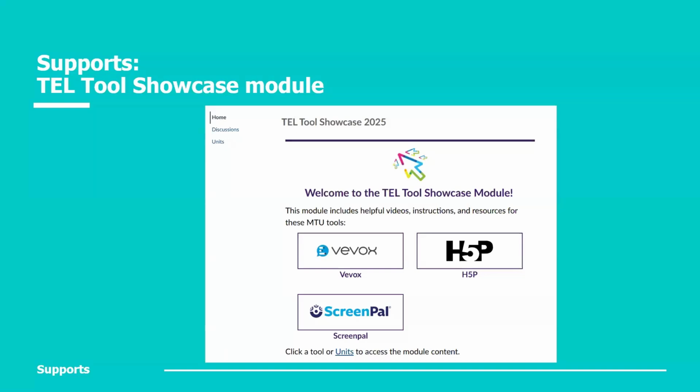Then also we have a Canvas module that has a bit more interactivity in it, has some H5P in it, showing different things in Vevox, and it has some videos as well. It also has instructions on using H5P and ScreenPal as well, if you're interested in those tools.